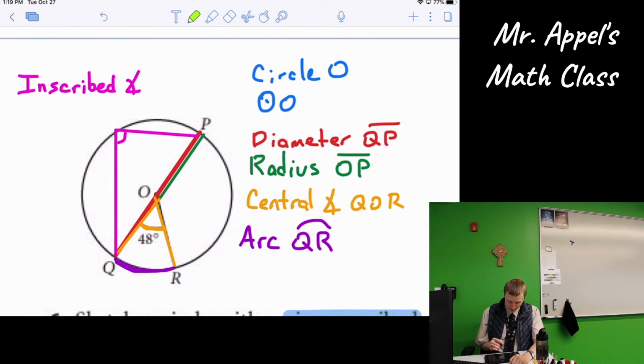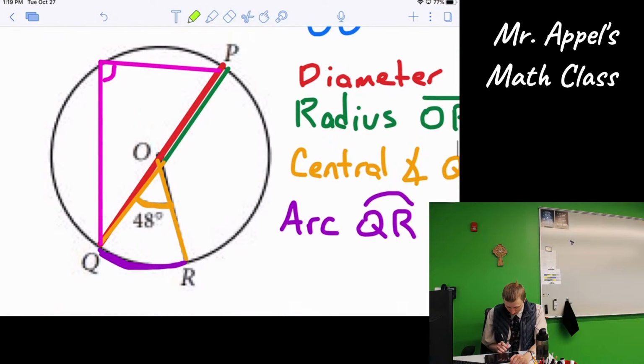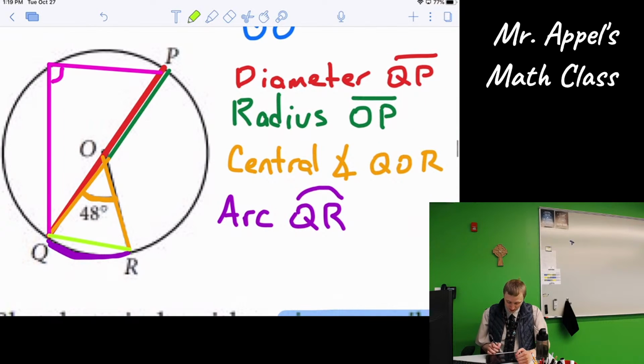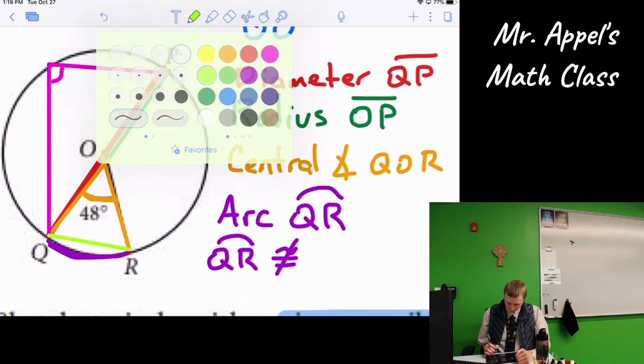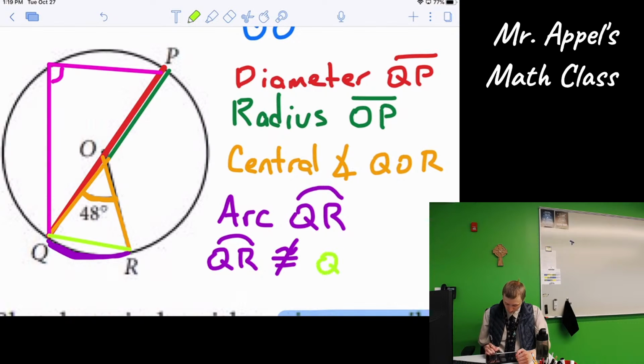In fact, let me draw in segment QR so you can see they are definitely not the same thing. Arc QR is not congruent to segment QR.